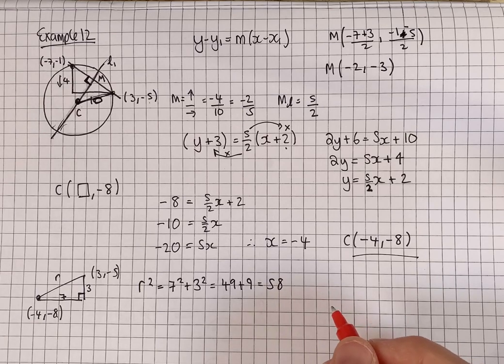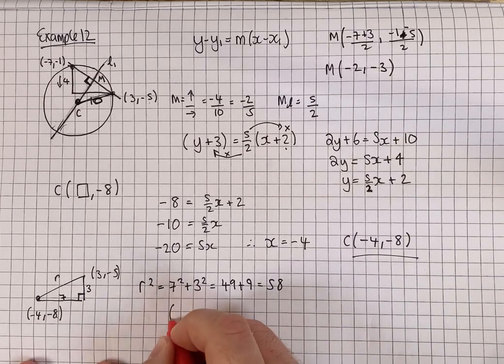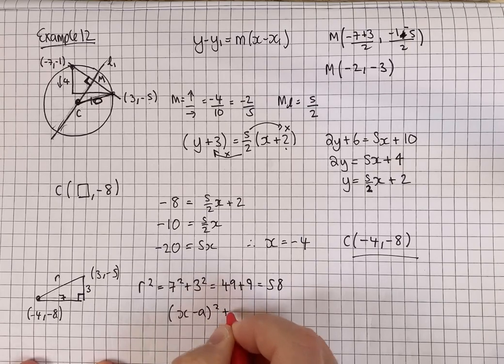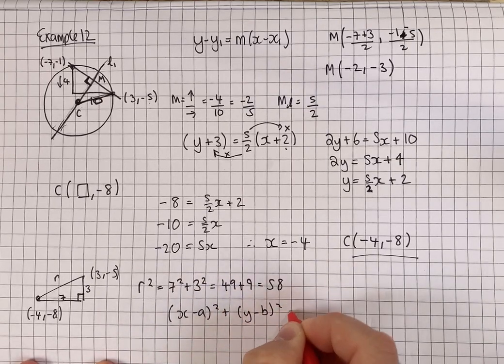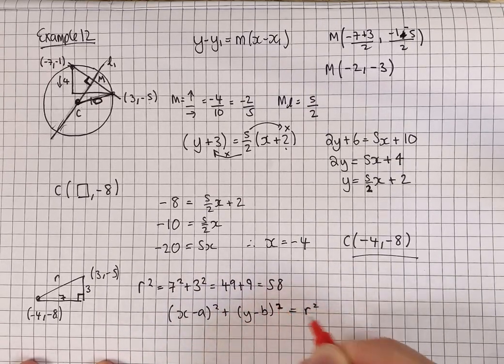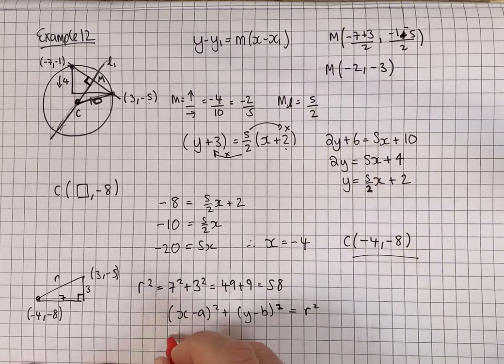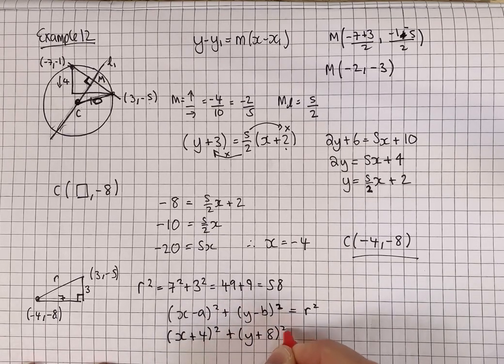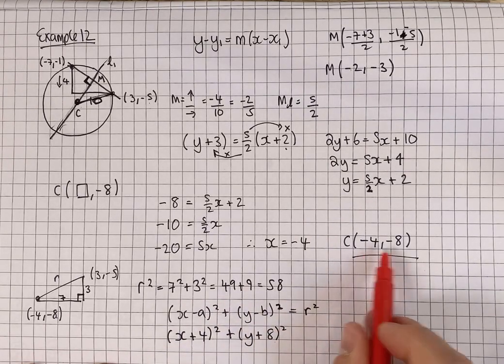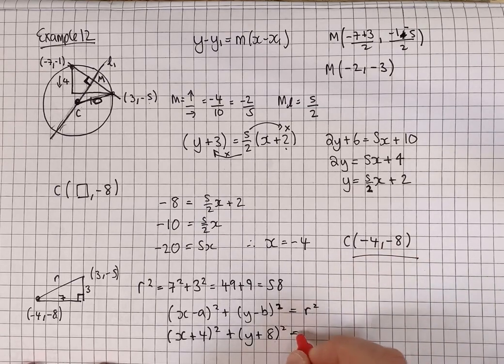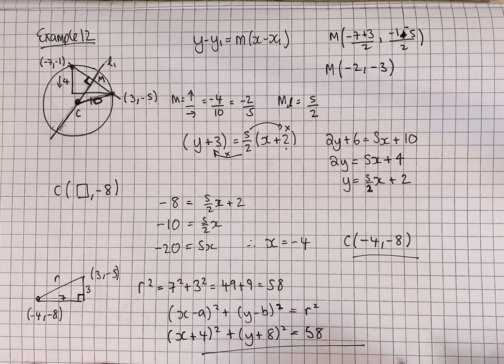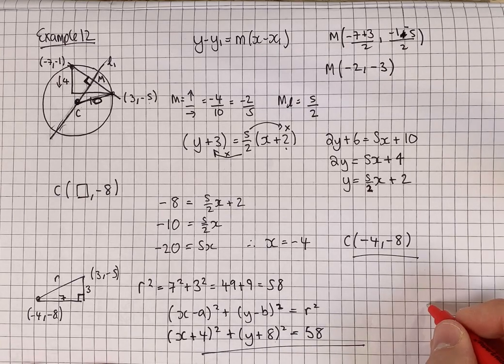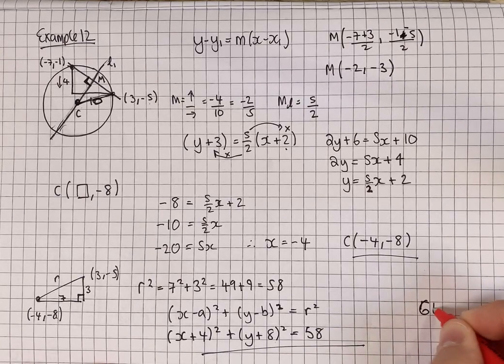So putting them all into the formula, (x minus a) squared plus (y minus b) squared equals r squared, the general equation of a circle, the equation of our circle is going to be (x plus 4) squared plus (y plus 8) squared, minus a, minus b, so just make a positive, equals r squared, which is 58. Done. Okay, if you can now go do exercise 6e.